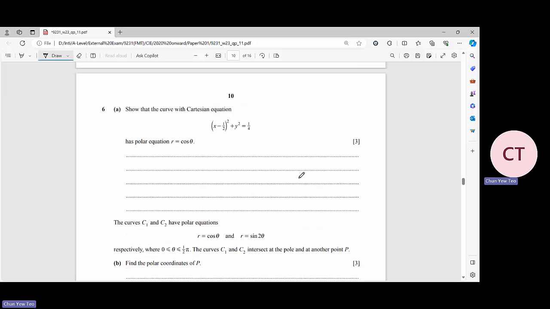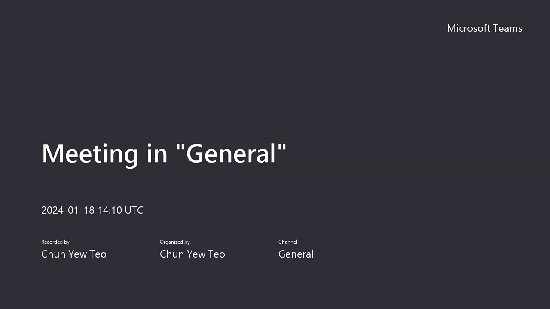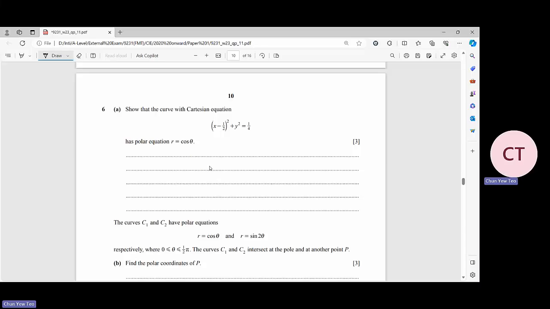So move on. We have question number 6. Okay, now question number 6. Show that the curve with the Cartesian equation has the polar equation r equals cos theta.